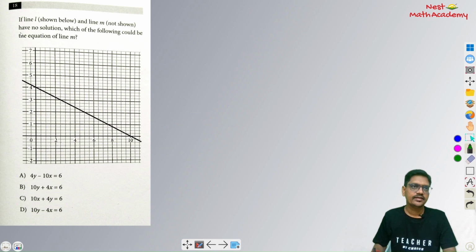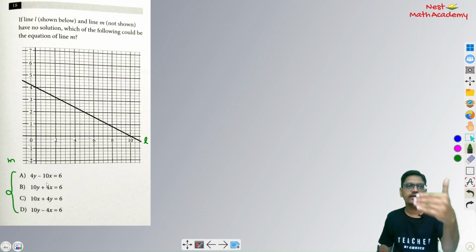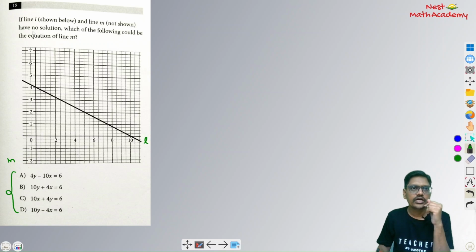Question number 18. If the line L shown below and the line M not shown in the figure have no solution, which of the following could be the equation of M? So one line is given, which is L, its name. And there is one more line, one of these four is named as M. They want this and this given line should have no solution.